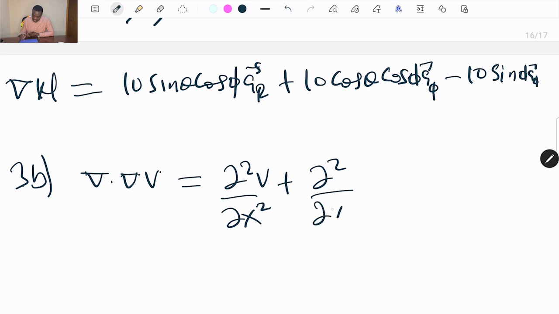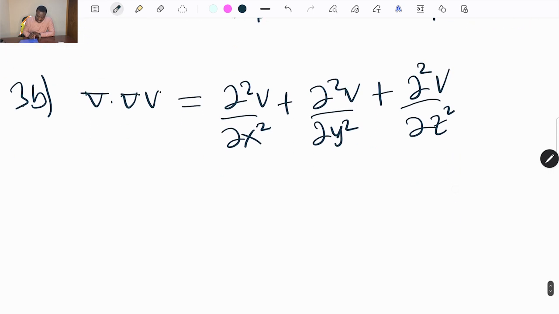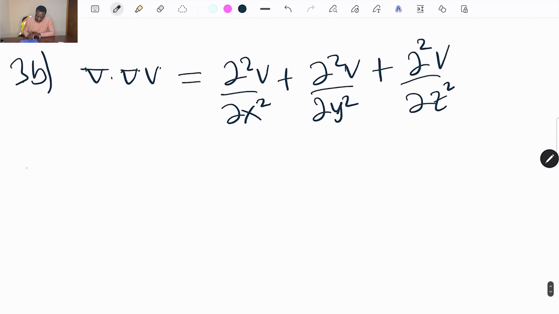We can get the first derivative, then after that, we do the second. This time we're doing it straightforward. So we do the first derivative.